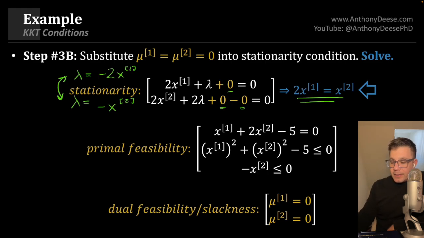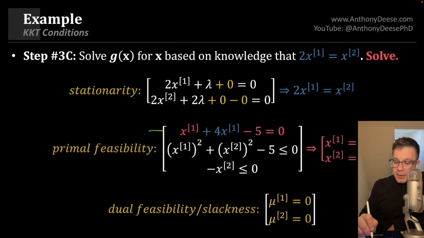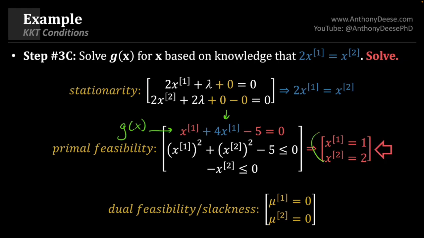All right. Now, is there any place that we can use that information below? There is. We can plug it into our equality constraint g of x and replace what was an x2 right here with its corresponding x1 value, which puts that expression in terms of x1 only, which allows us to solve.